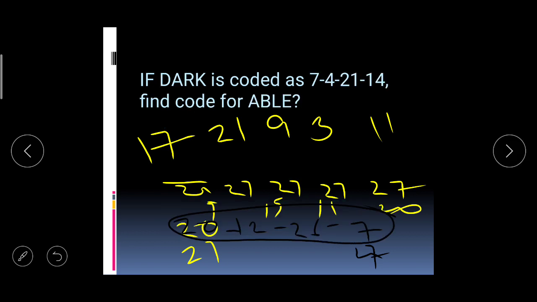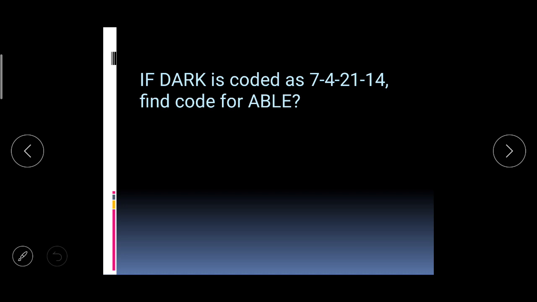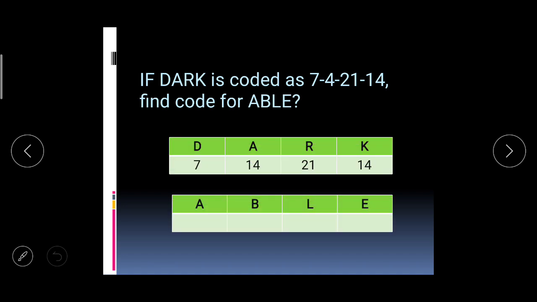Okay, let's move on. If dark is coded as 7, 4, 21 and 14, find the code for able. Let's see. The first approach that should come to our mind is to write down the positions. D is 4, A is 1, R is 18, and K is 11.